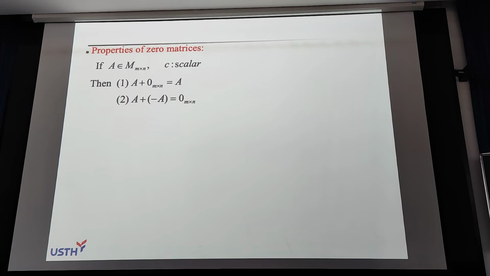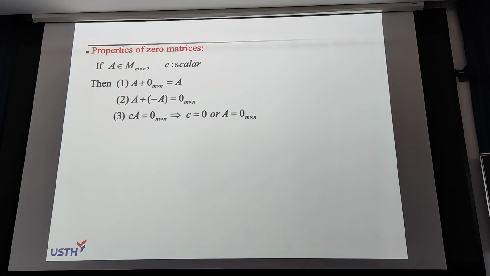If you take A plus minus A, you always get the zero matrix. And the last one, suppose that you take a number C multiplied by matrix A and the result is a zero matrix.